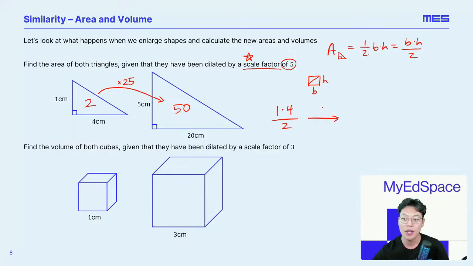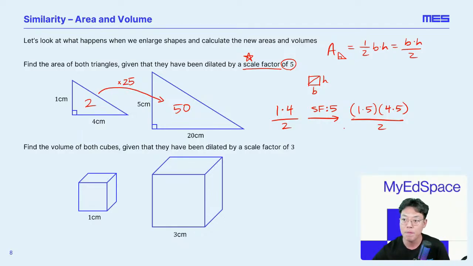Now, with a scale factor of 5, what does that mean? That means each side is being multiplied by 5, correct? 1 became 5, and 4 became 20. So if we go, okay, 1 times 5, and then 4 times 5, all over 2, this should be the area of our second triangle.